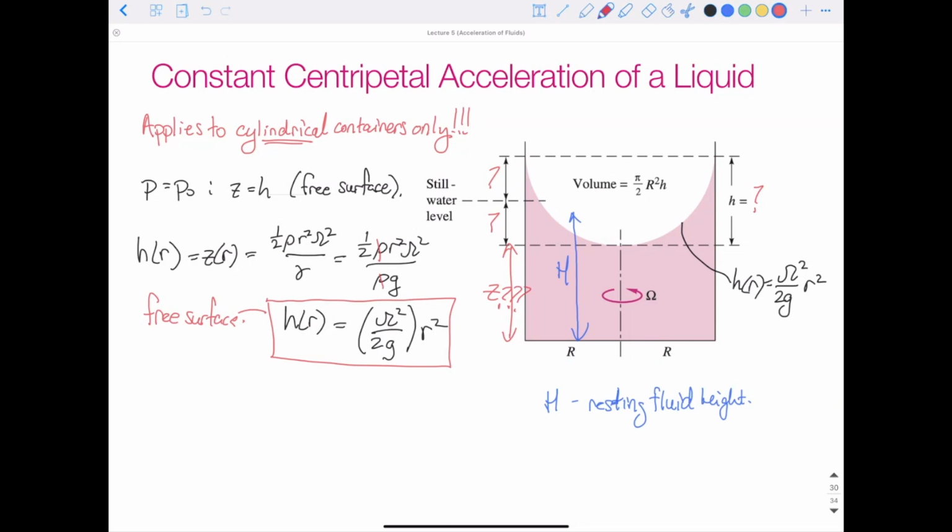Z is the height of the lowest point, so that's when R is equal to 0. And then lowercase h would be equal to the difference between the highest point and the lowest point, or we can just call it h at R minus h at 0.